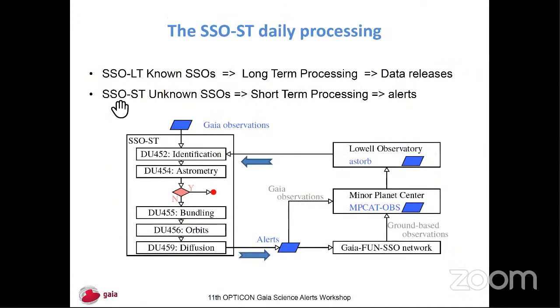And this is the processing of these data, the short-term processing for alerts. This scheme gives you the explanation of this process. We have the Gaia observations, which are treated by some steps for identification.